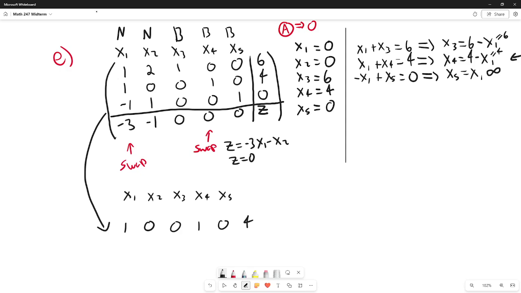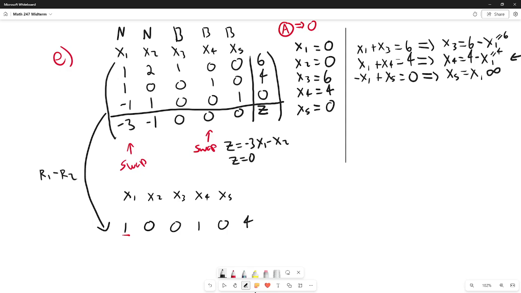Let me identify that this is the pivot. We want to turn the 1 above this 1, so the 1 up here, into a 0. We can do that by doing R1 minus R2.